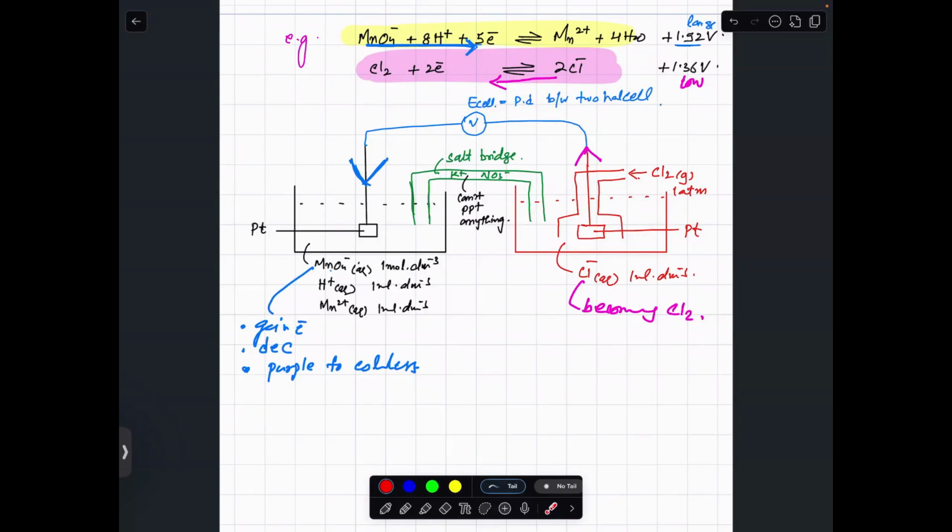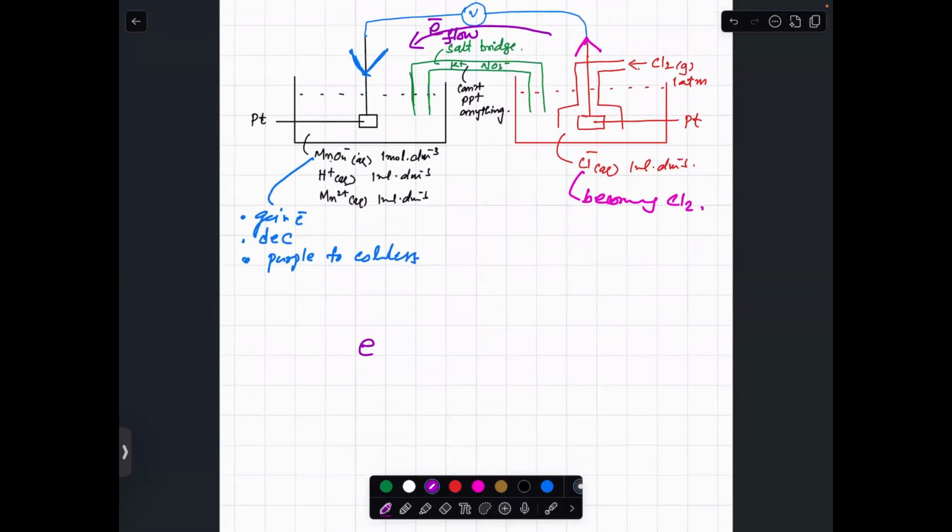So this side is losing electron and they are gaining electron. So what is the direction of electron flow? Electrons are negative. Keep in mind, they move to the positive half cell.